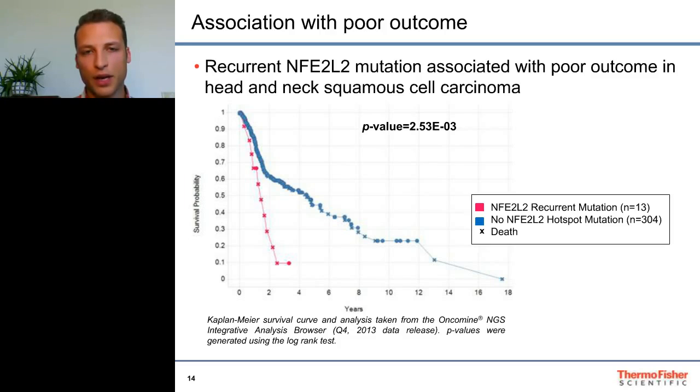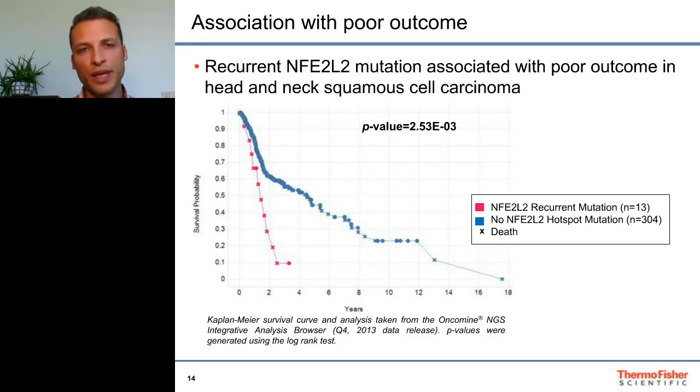That's not really intuitive at first, but the reason why it happens is because NFE2L2 actually helps cancer overcome some of the stress from chemotherapy. So once the patient undergoes treatment, if you have an NFE2L2 recurrent mutation, it's likely that it'll confer some resistance against the chemotherapy and help the tumor survive. So this identifies a potential therapeutic opportunity within a retrospective tumor population here.